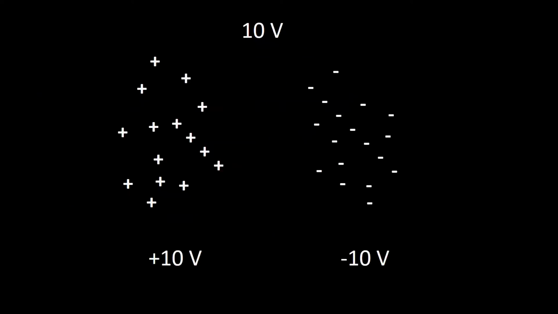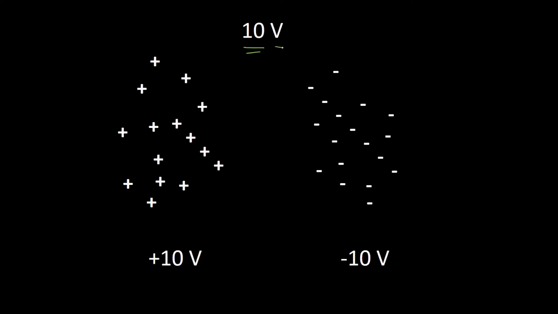So if we have positive charges separated in space from negative charges, the number tells me how much charge is separated. So in this case, we've got 10 volts worth of separation.